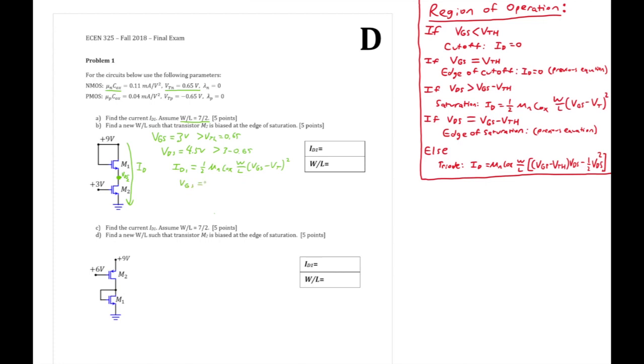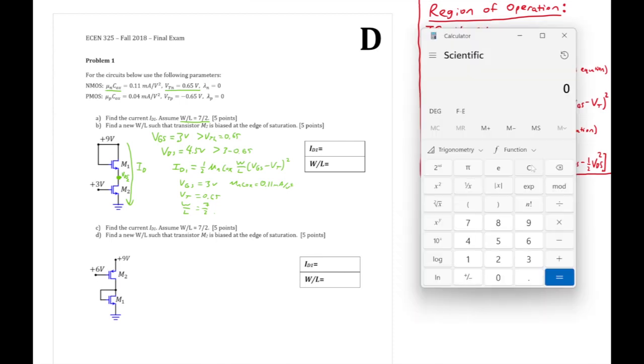Our VGS is 3 volts, our VT is 0.65 volts, our W over L is 7 over 2, and our mu n COX is 0.11 milliamps per volt squared. Okay, let's see what that is equal to. (3 minus 0.65) squared times 7 over 2 times 0.11 divided by 2. We get 1.063 milliamps.